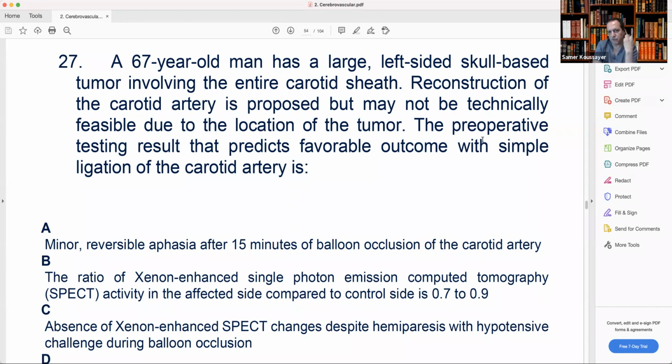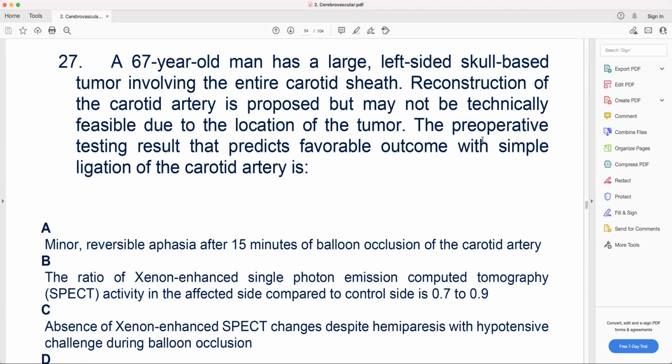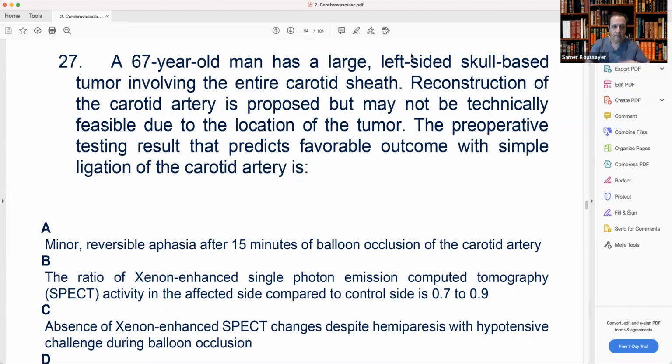But if for some reason the patient is intubated because of the tumor and you go to balloon occlusion, how can you assess if he's getting enough circulation? Then you go with the SPECT test. This is the idea behind that. Again, I don't know if we have it here in Saudi, but we did it before for intubated patients.